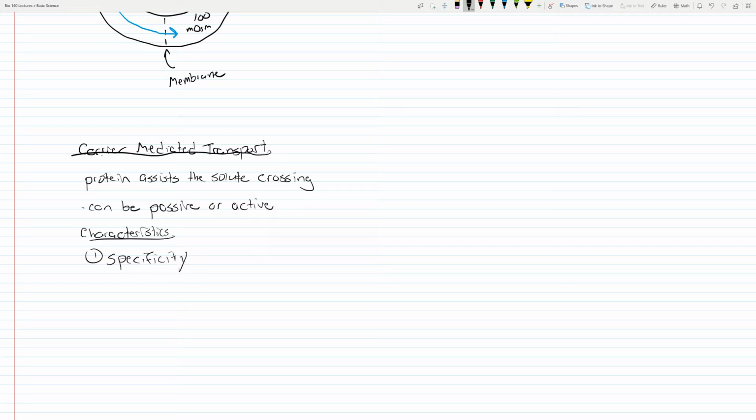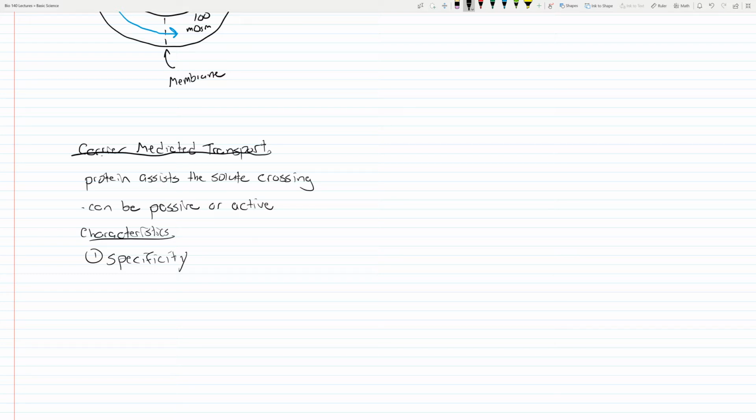A protein, just like an enzyme, will only carry certain things. Just like the enzyme will only bind to certain ligands, same thing happens here. If you have a protein inside the plasma membrane, it will only work on certain things.